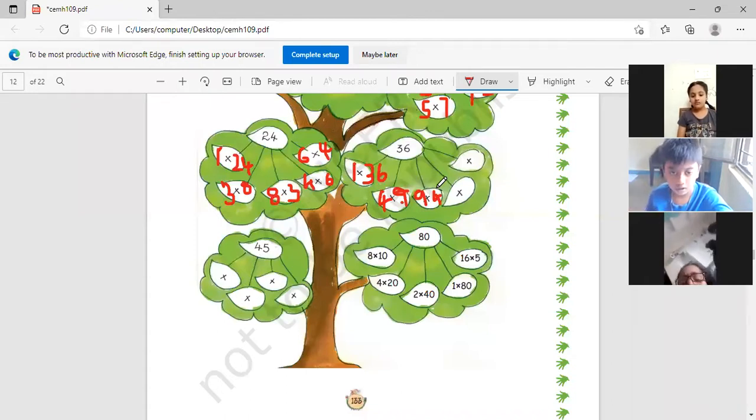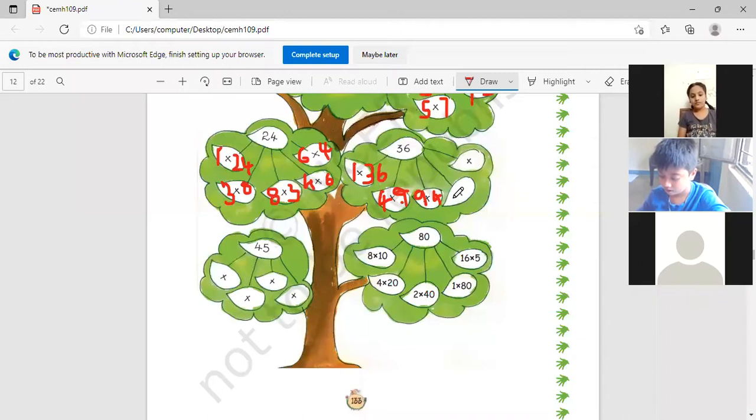Yes, ma'am. So next table, the 6 table. Check it out in the 6 table. 6 1s are 6, 6 2s are 12, 6 3s are 18, 6 4s are 24, 6 5s are 30, 6 6s are 36.